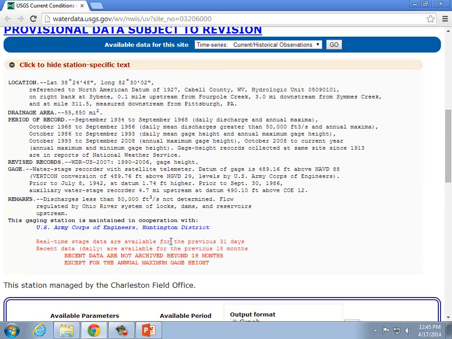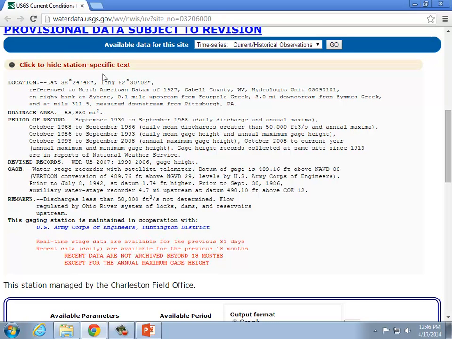You can see at this station along the Ohio River, this is one of many gauging stations on the Ohio River. For a big water body like that, there are a lot of gauging stations because the Ohio River is really important. What this mentions is that upstream of Huntington is 55,000 square miles of watershed.